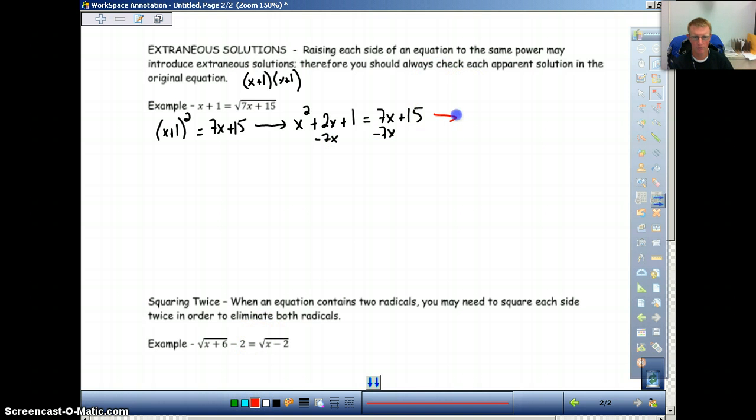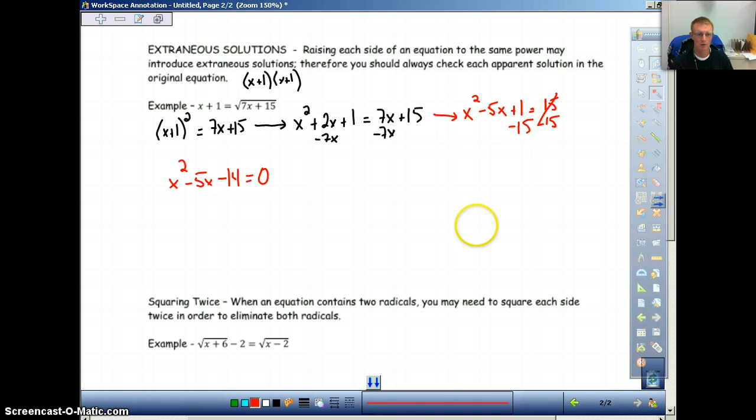We have x squared minus 5x plus 1 equals now 15. Now we'll minus 15 from both sides. And we have x squared minus 5x minus 14, and that's all going to be equal to 0 because we got rid of everything on this side.